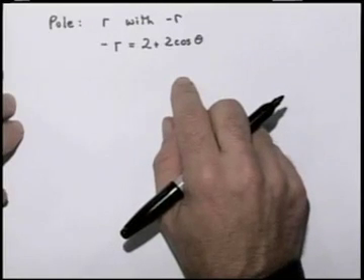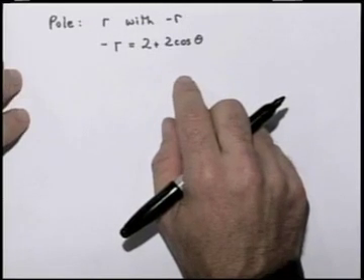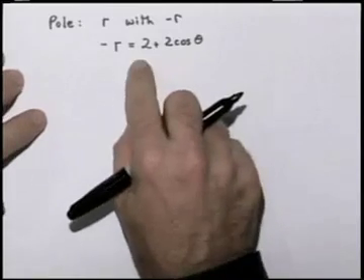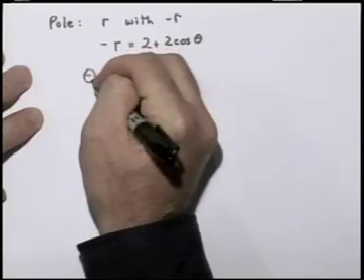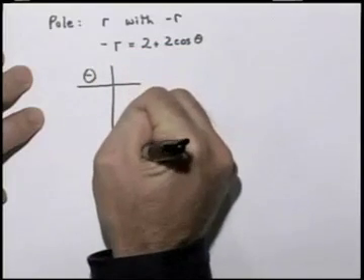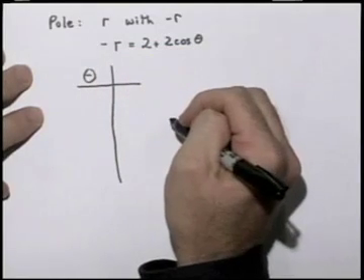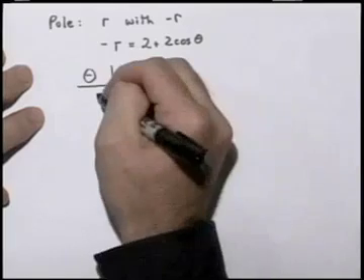Now, because we know we have symmetry with respect to the polar axis, all I need to do is choose angles theta from 0 to pi and then use the symmetry to find the other points.